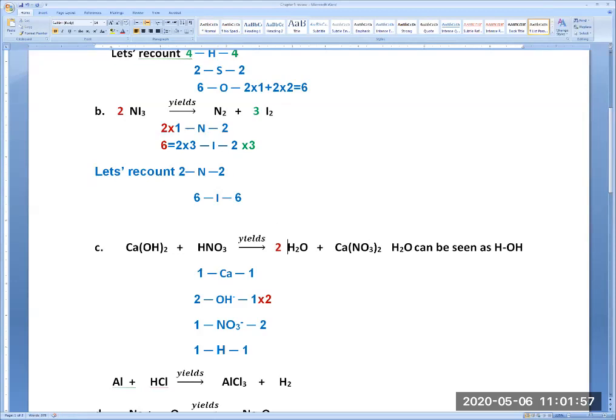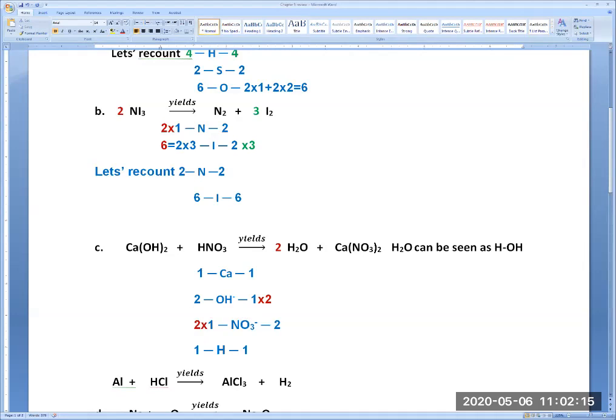And now let's balance the NO3. We have 1 NO3 on the left, 2 on the right. So we will want to make it 2 on the left so that it's the same. So let's multiply by 2 on the left.